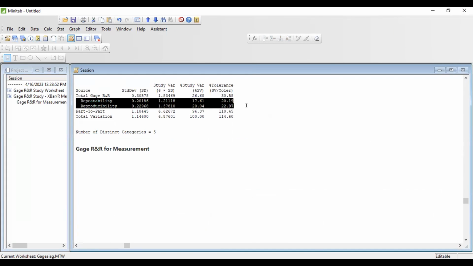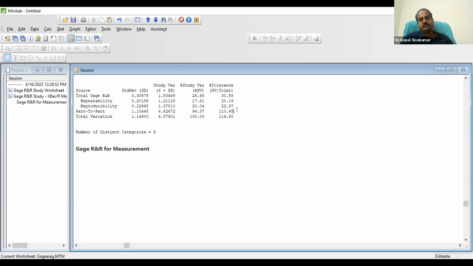Yes, sir. Sir, in this, my understanding is you're telling that part to part is 110 and remaining repeatability and reproducibility is 20 and 22. How can I account for it, sir? Say, for example, out of 100, 20, 22, I'm getting a little bit confused here. Yeah. You should get confused because we are working with standard deviation.